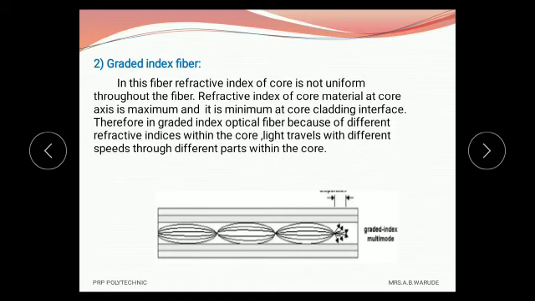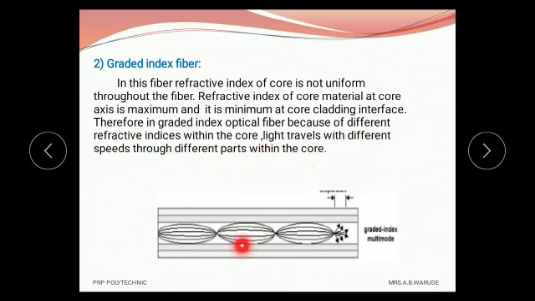Thus the refractive index of core material is maximum at the core axis and minimum at the core cladding interface. Therefore in graded index optical fiber, because of different refractive indices within the core, the light travels with different speeds through different parts within the core.